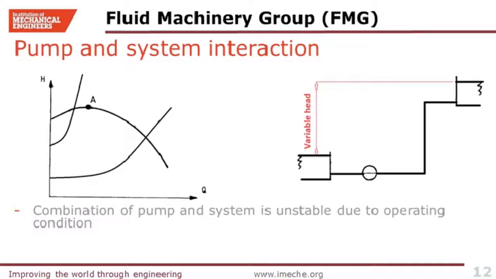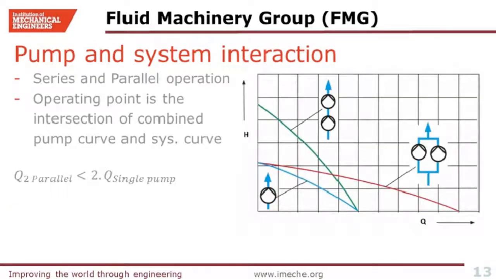But then more flow rate means less head, so the pump cannot generate the head, and that cyclic behavior will repeat itself. Such conditions are more likely to happen when a system has free liquid surfaces at suction and discharge. Therefore, it is very important to operate a pump with a stable curve in these conditions.